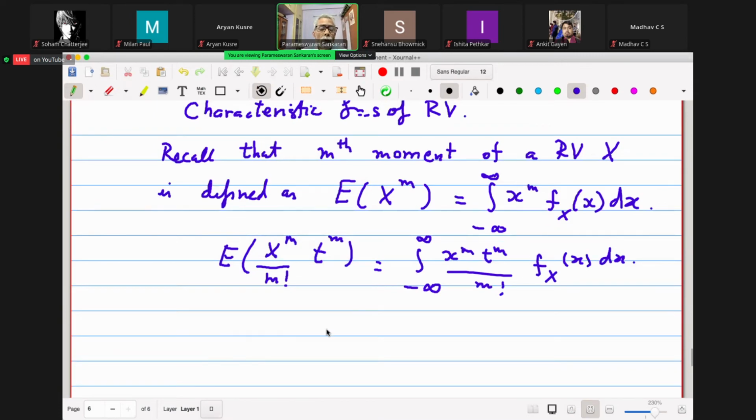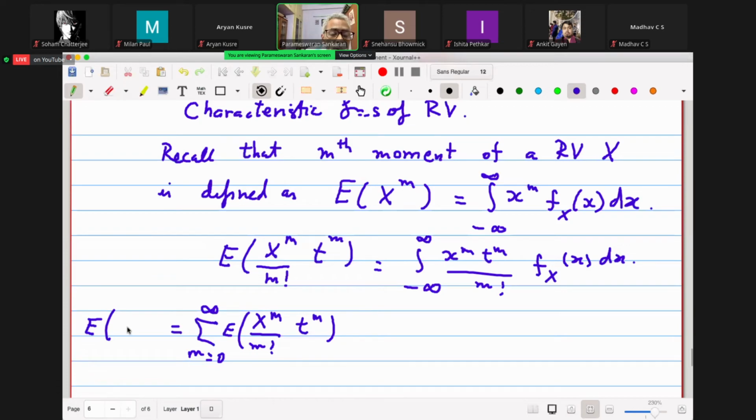And now what you do is add everything, m going from 0 to infinity, x^m by m factorial t^m, and take E of that. You can pull the E out of this sum. Everything you can think of as a formal thing. First of all, this may not exist, so we have to assume it is finite and so forth.